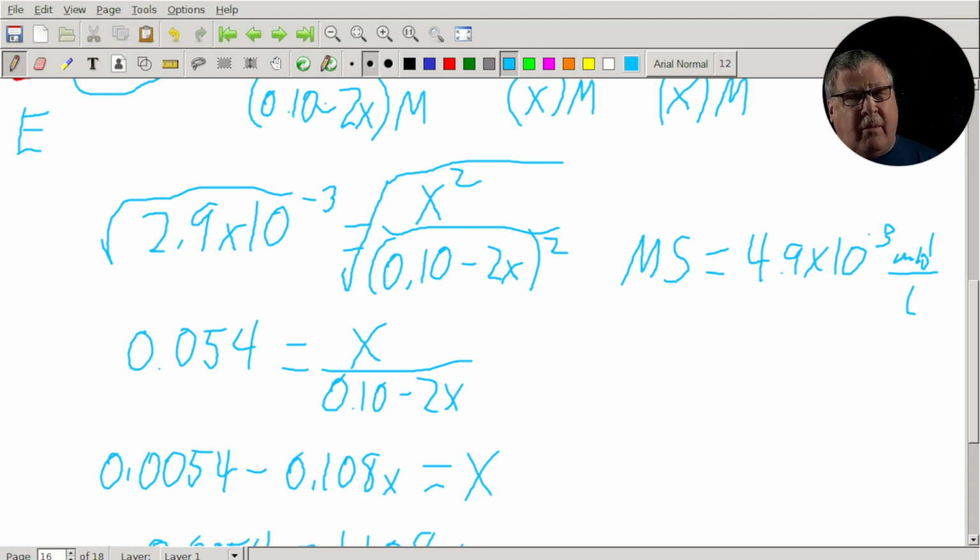We've increased that molar solubility by a factor of about 300 or so. In other words, dissolving this stuff into a 10th molar ammonia will increase its molar solubility by 300 times. That's what it's telling us.